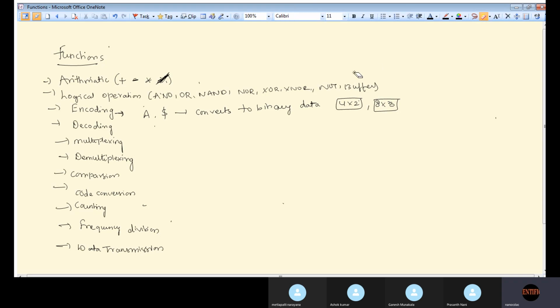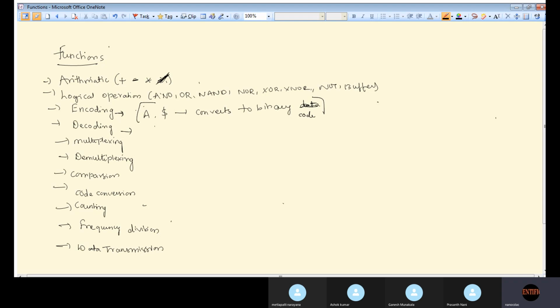We will be designing these, so don't worry about all these things. First you need to know the concept. An encoder is a digital circuit which converts the corresponding alphabet into the respective binary code. It's not data, it's the respective binary code. And what is decoding? The reverse process of encoding.